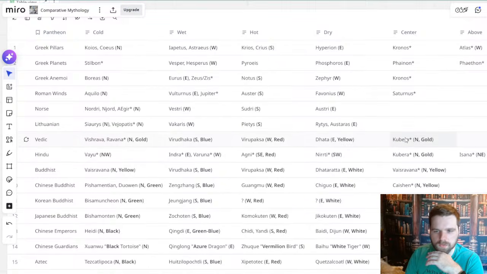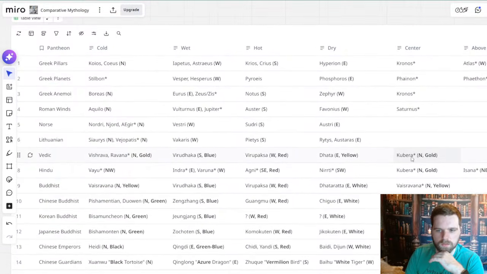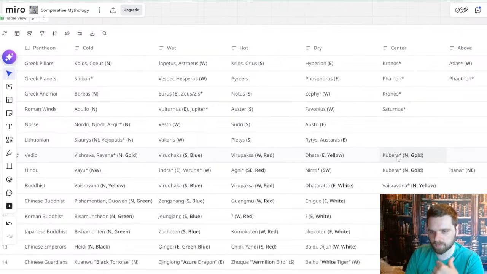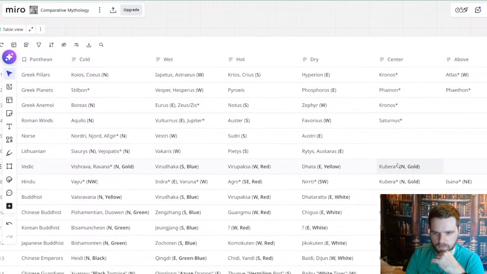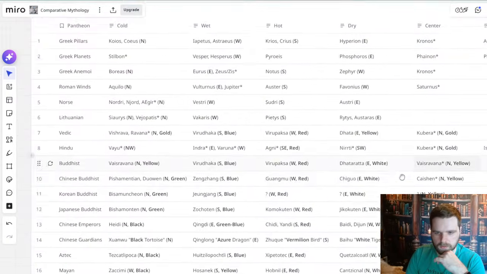Kubera is associated with the north, but a lot of his aspects, I came to find, as a wealthy god, a mountain god, have more to do with the mountain central, grounded, earthy vibe.